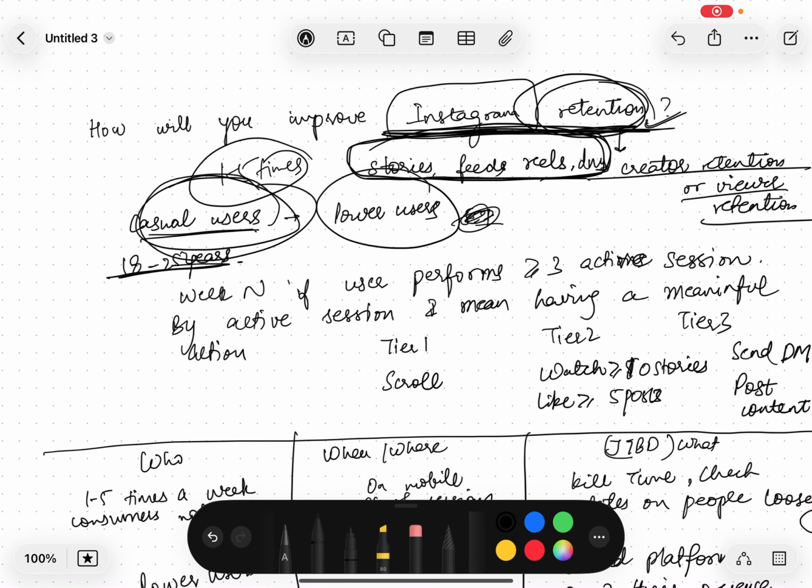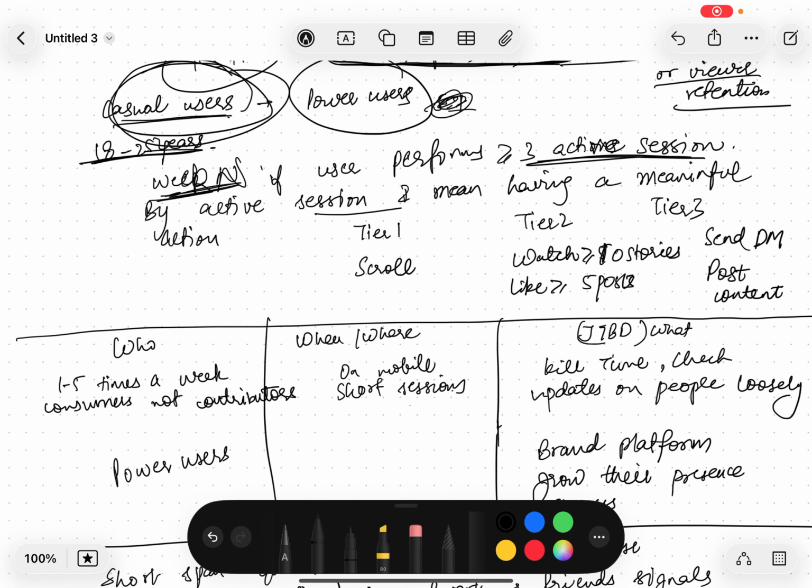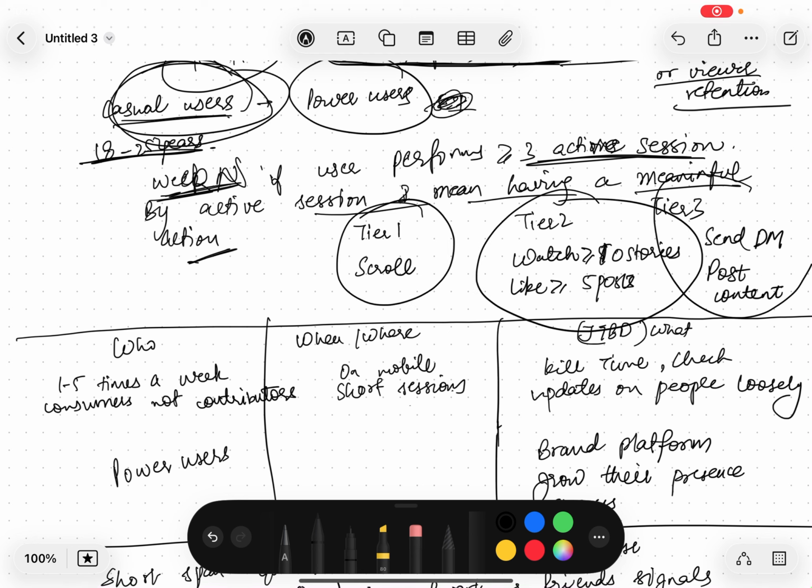So I'm defining retention in a week n as if a user performs greater than 3 active sessions. And by active session, what do I mean? I have defined active session as having a meaningful action, and I have defined three tiers.